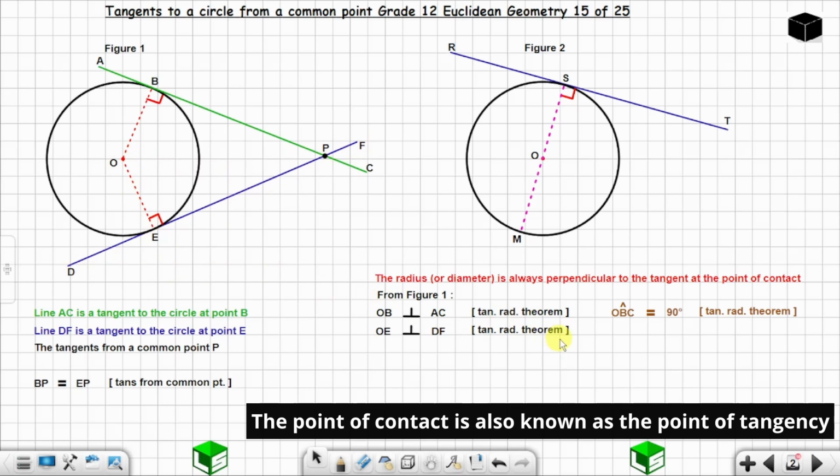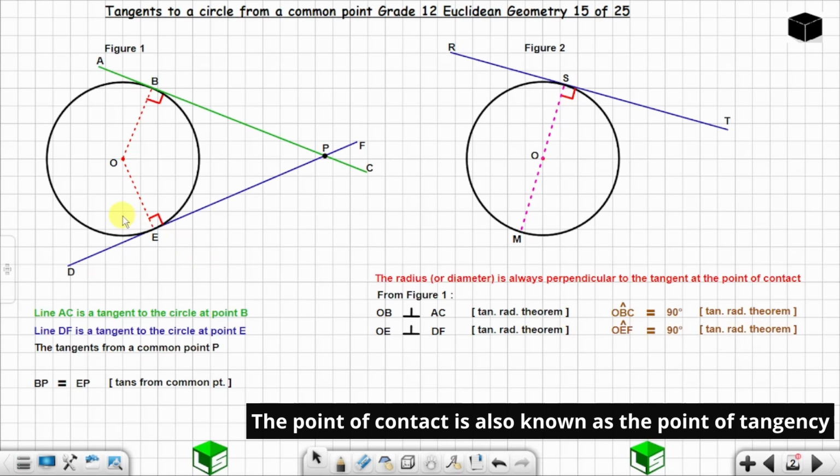You can also say the angle OEF is equal to 90 degrees. The reason is tan-rad theorem.